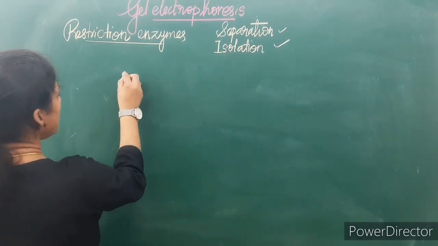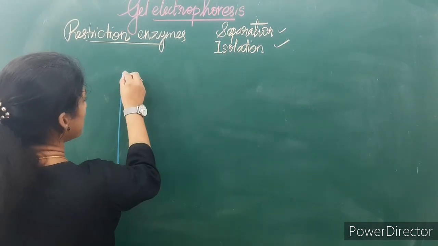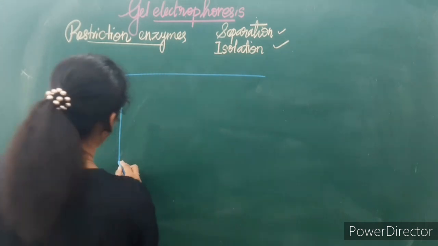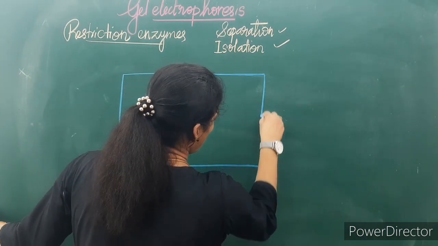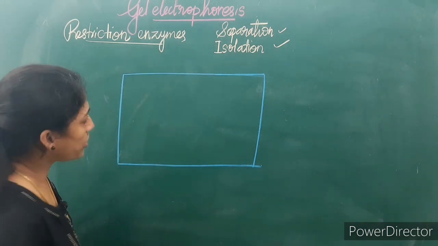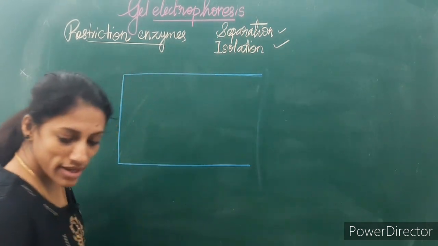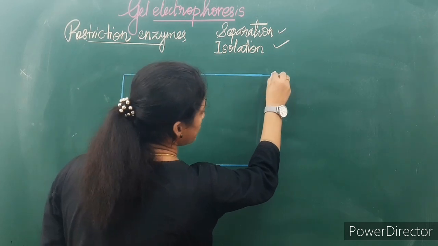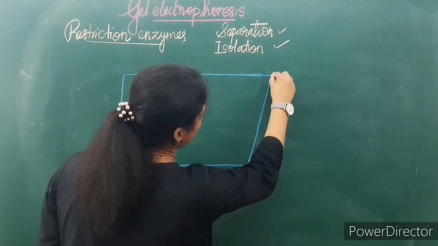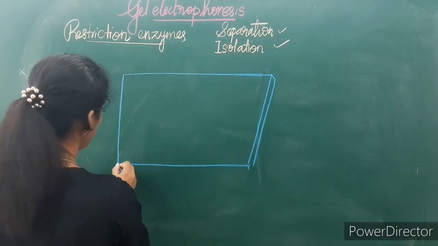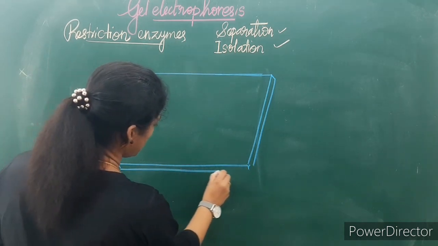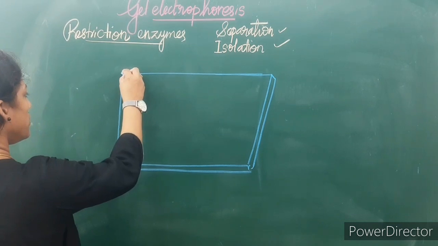In the gel electrophoresis setup, when we draw it this way, on a platform, gel is taken. I'm just giving a 3D view here.